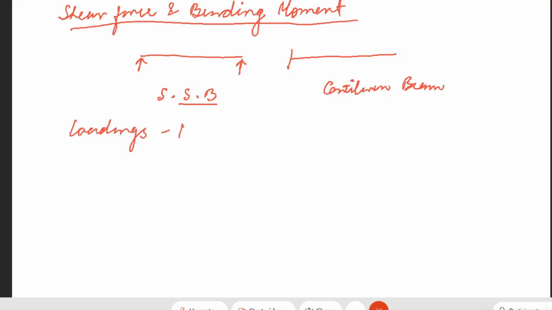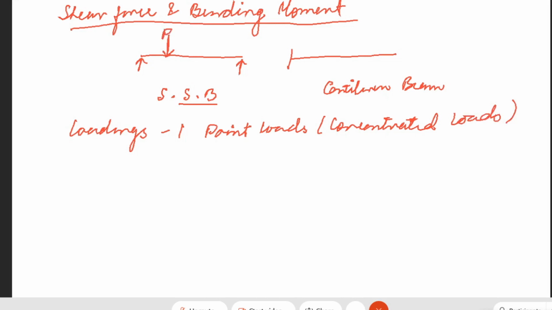Primarily, we have point loads, or we also call them concentrated loads. What are point loads? Let's say this simply supported beam is being subjected to a point load P. It is a concentrated load at a particular point of the beam.